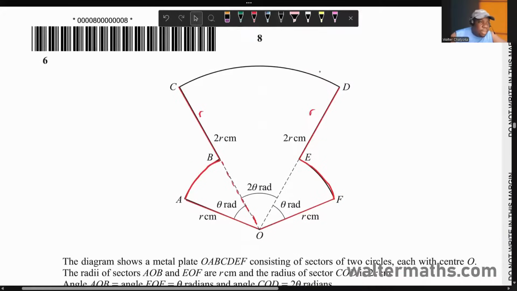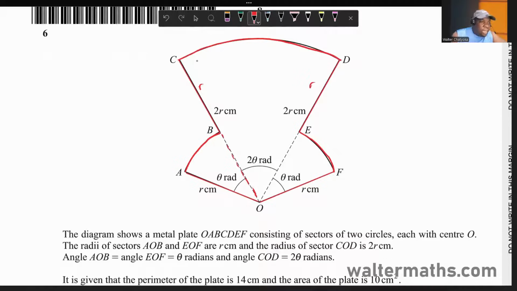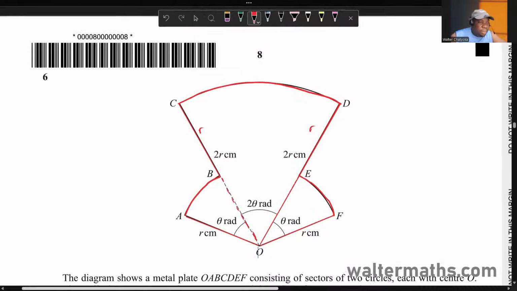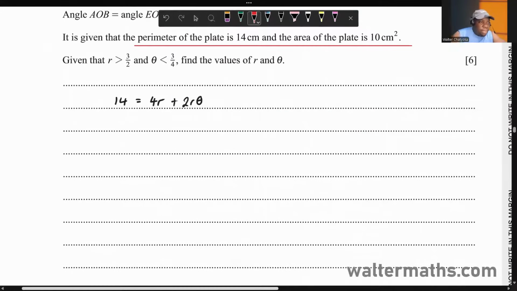And the larger arc CD is actually the radius here, 2r, times 2 theta. So we have 2r of 2 theta.